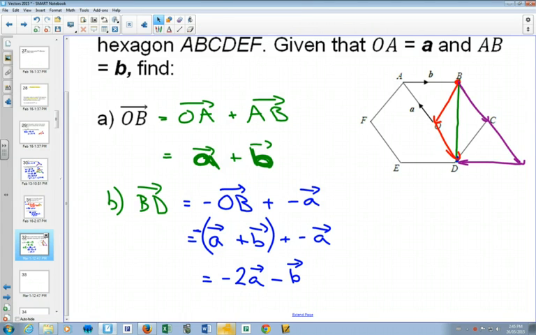So any pathway that you can think of that makes that work, if you read it the other way, you could start with the negative B and then go back 2 A's. And what we did is we said, well, we already knew what O to B is, so the red arrow said, let's go negative OB and then go negative A to get to that vector.